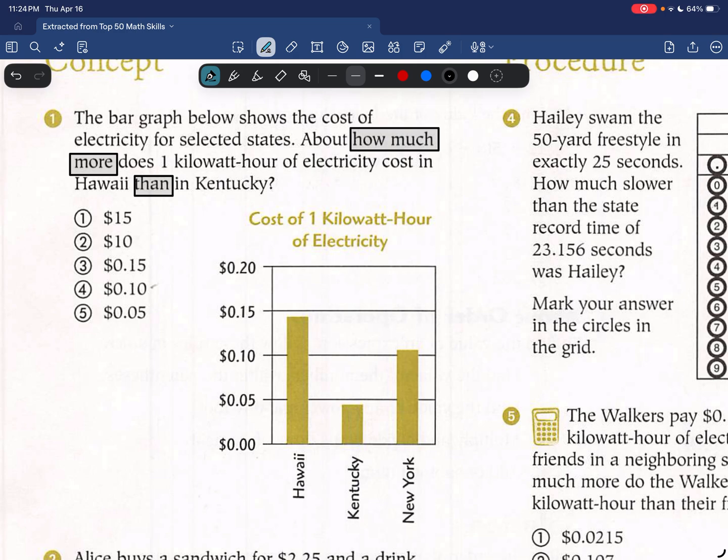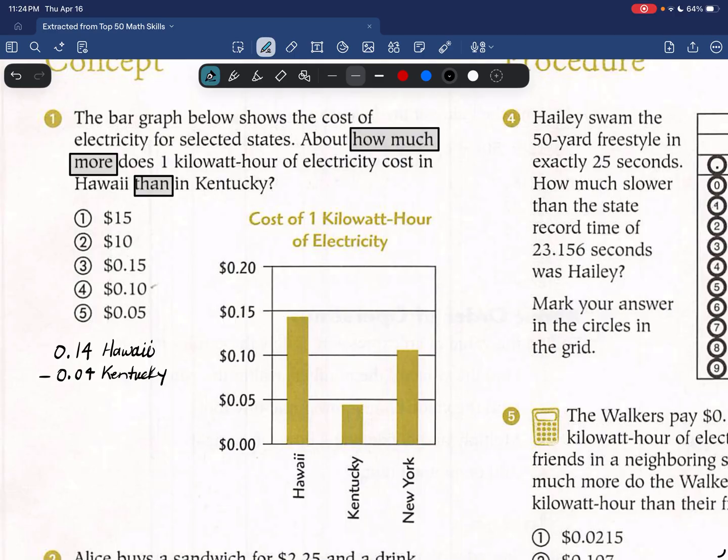And for Hawaii, I'm going to estimate about 14 cents, maybe. That's Hawaii. And then Kentucky is about 4 cents. So I would subtract those.